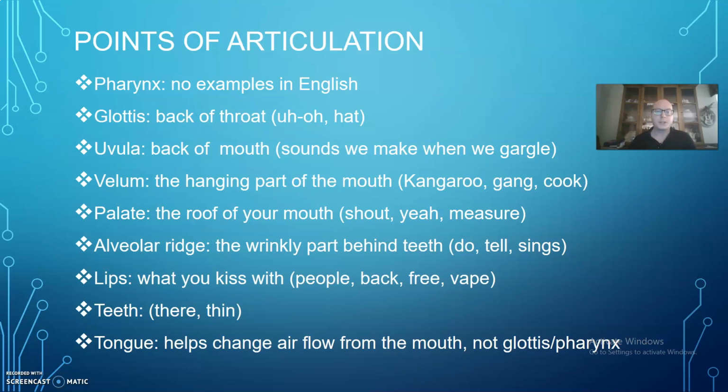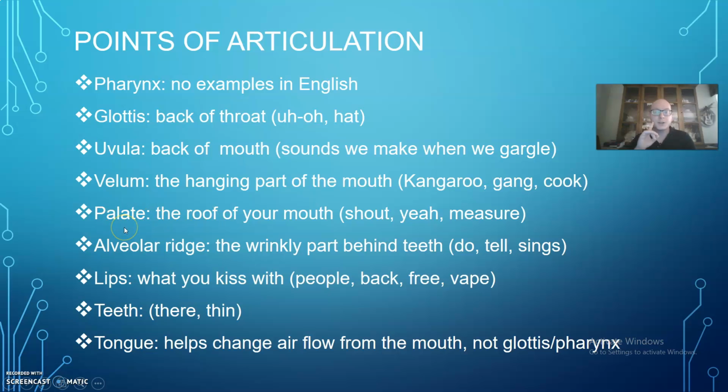Uvula, which is the very back of the mouth. Generally, when you swallow, that's where you're using your uvula. The velum is that little piece hanging down at the roof of your mouth that some people might confuse for their tonsils. This is where we make sounds like k and g for kangaroo, gang, cook.